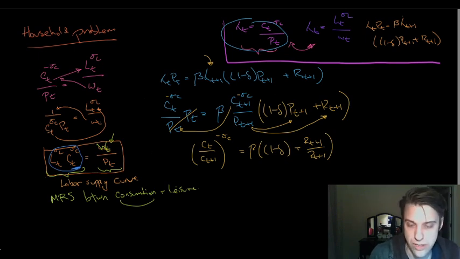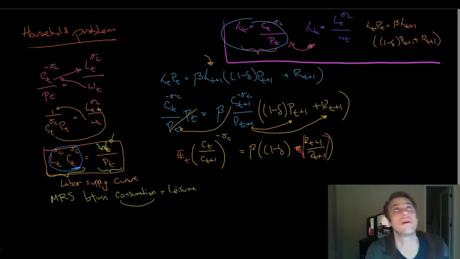There should be expectation signs everywhere here, right? Everything here is expected. Why? Because none of these are state variables. These plus 1s come from the Lagrange problem.